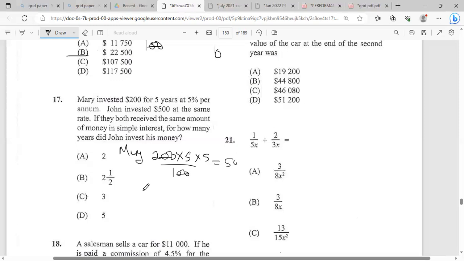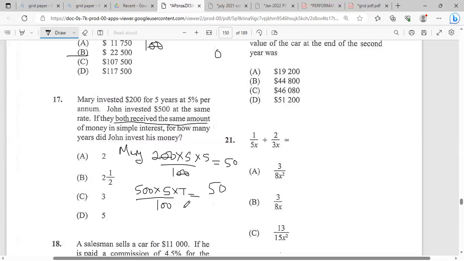Now for John. John invested 500 at the same rate, which is 5%. We don't know the time, so we put T over 100. But we know he and Mary got the same amount.